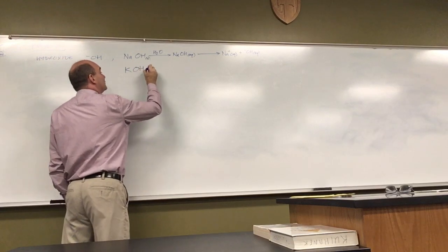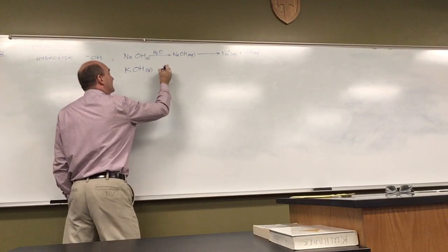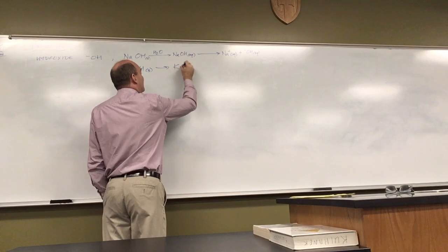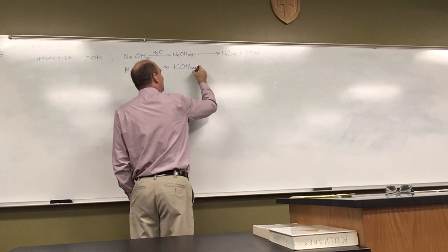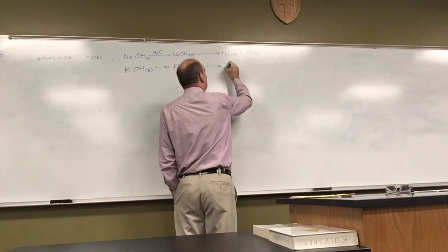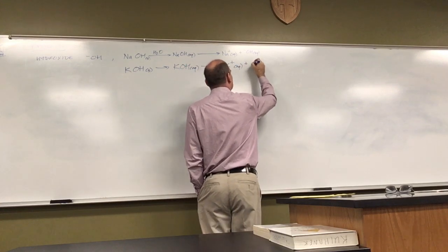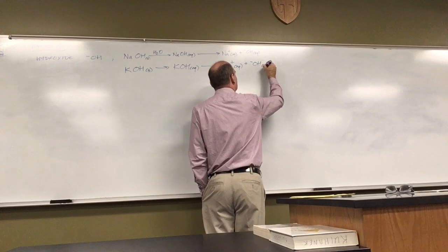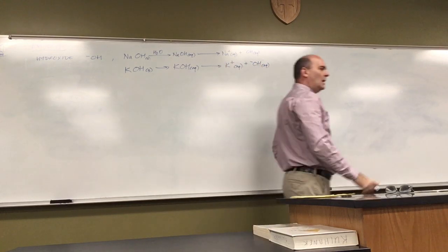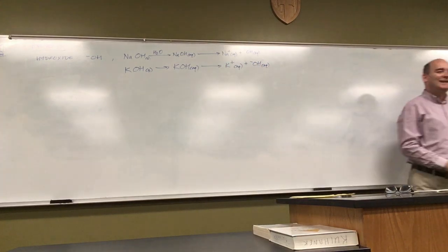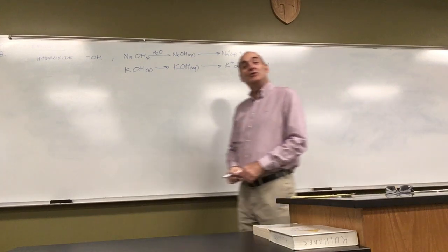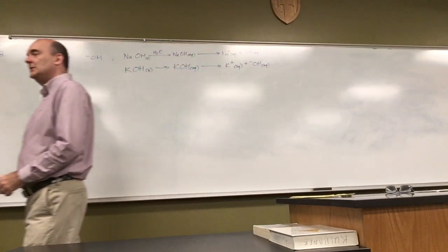So, sodium hydroxide pretty much is interchangeable with potassium hydroxide. Now, hydrochloric acid is kind of interchangeable with hydrobromic acid.